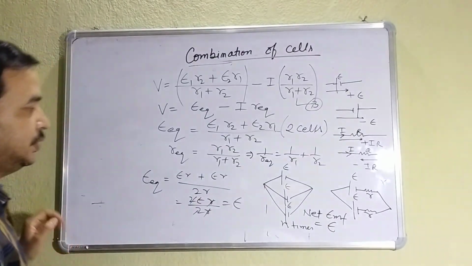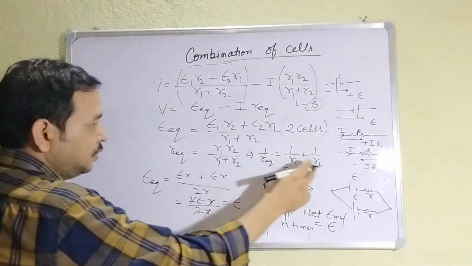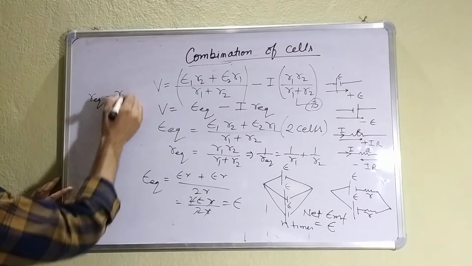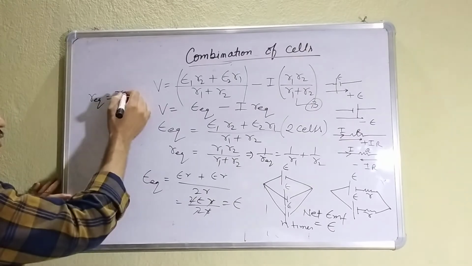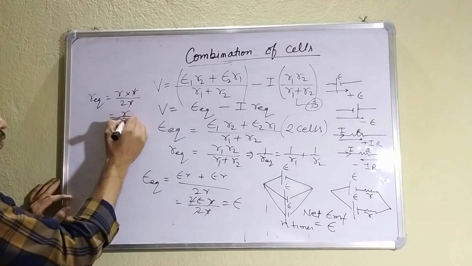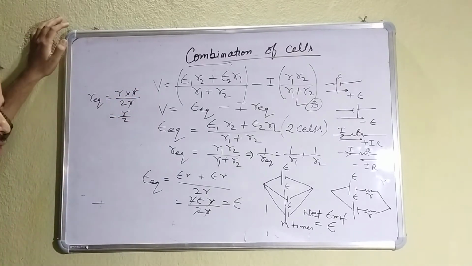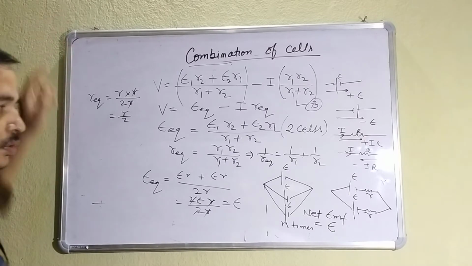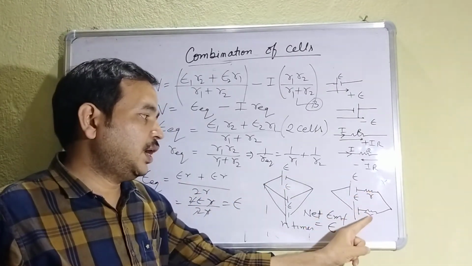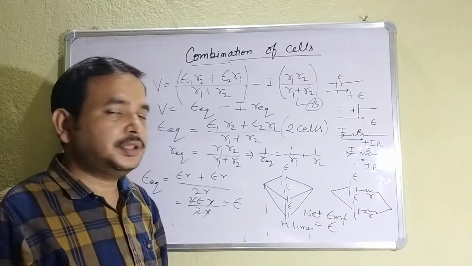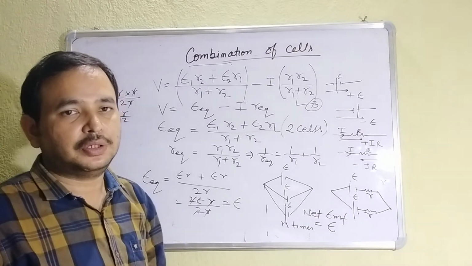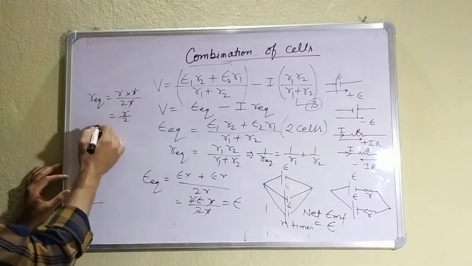Now internal resistance. For two cells, both having internal resistance R, the equivalent is R by 2. If two cells are connected in parallel, then their equivalent internal resistance is the same as that of a parallel combination of resistors.